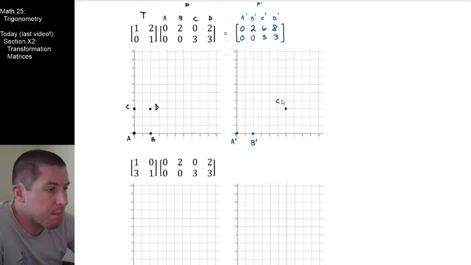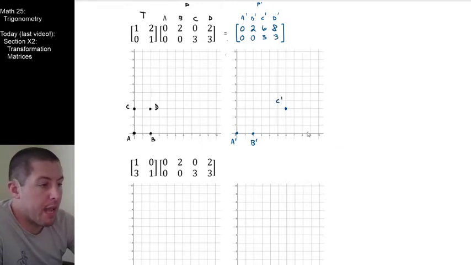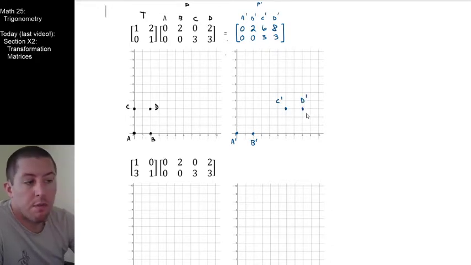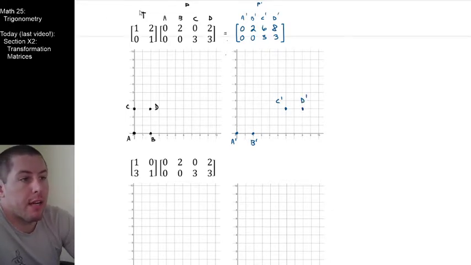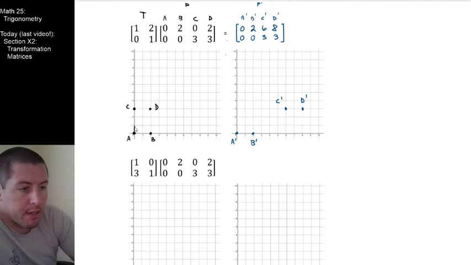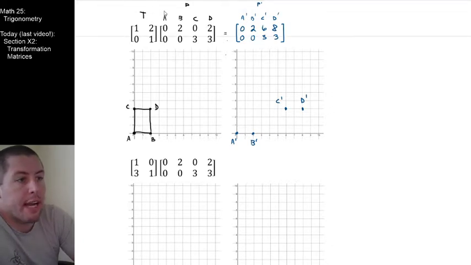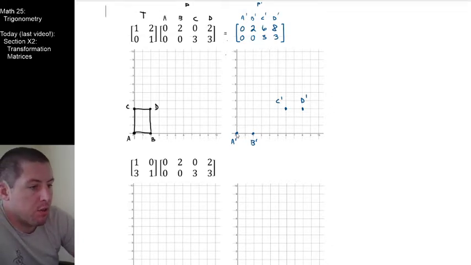That's C prime. And D prime is located at 8, 3. So if I'm going to connect the rectangle the way that we would connect the dots to make this rectangle over here, I could reconnect them in the exact same way, but you should notice we're getting clearly not a rectangular shape anymore.